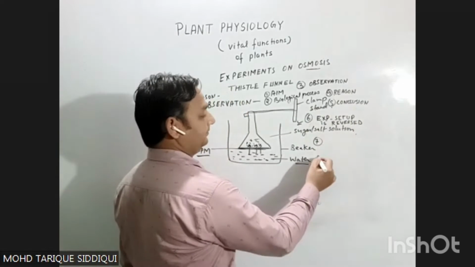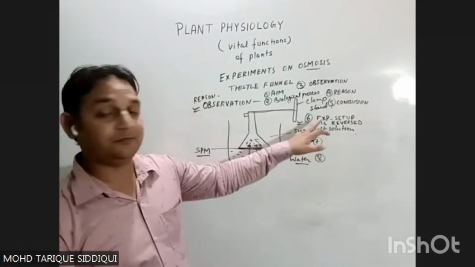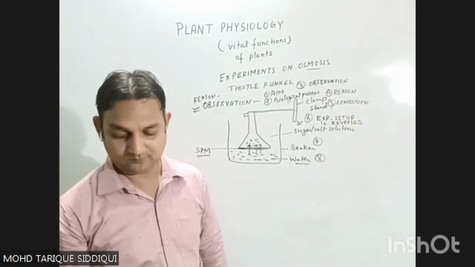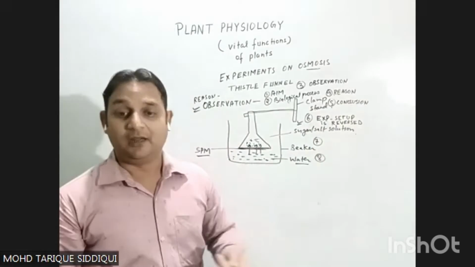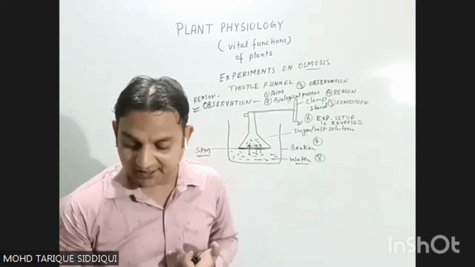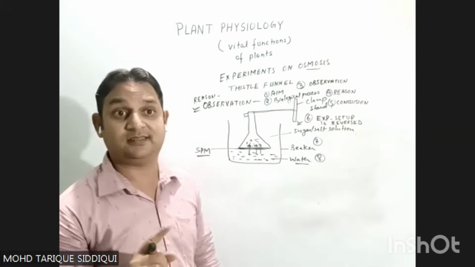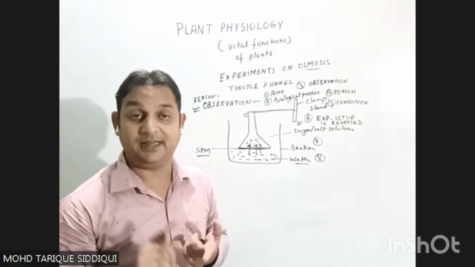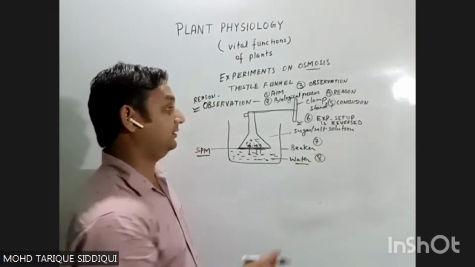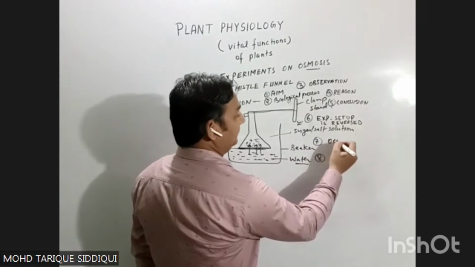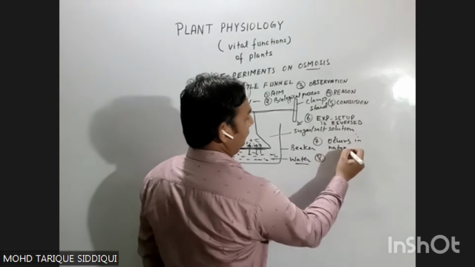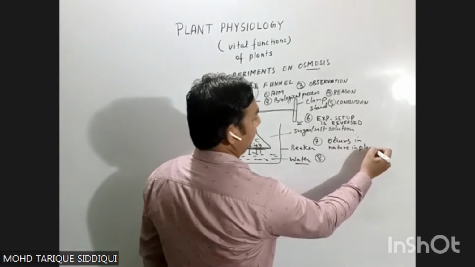Seventh, this is an application-based question. Question number 7: where does this process occur in nature in plants?